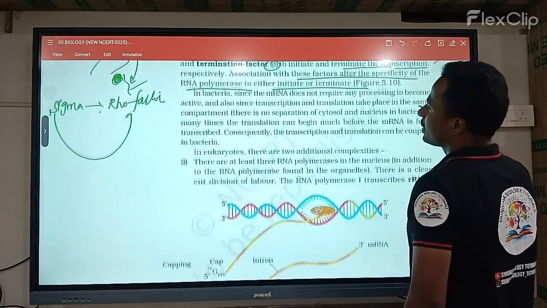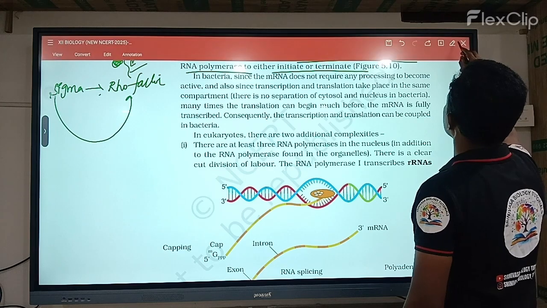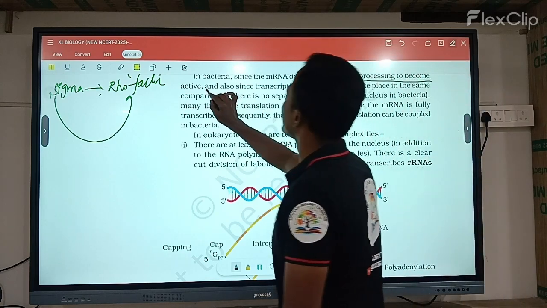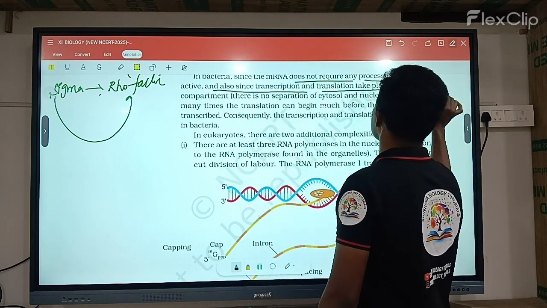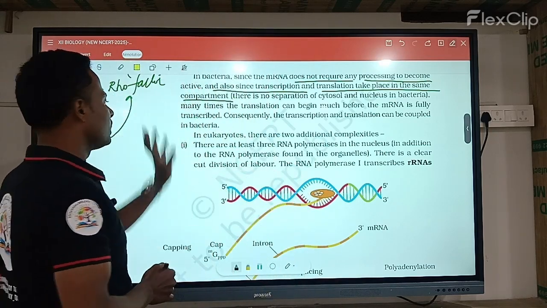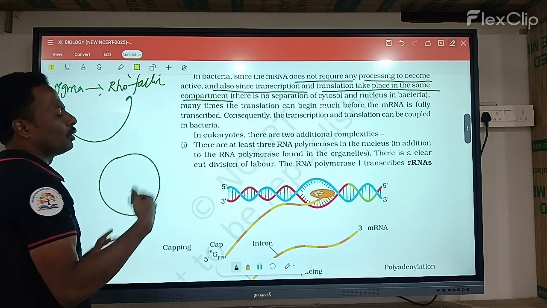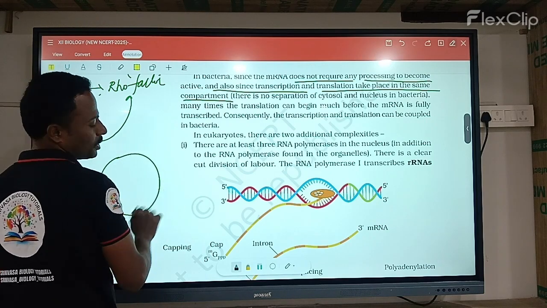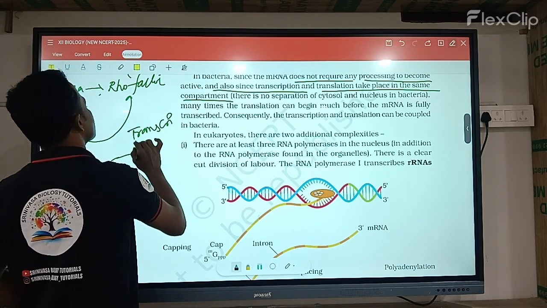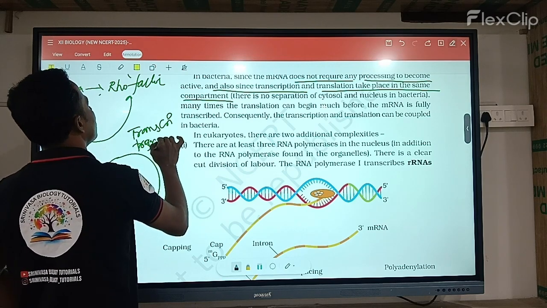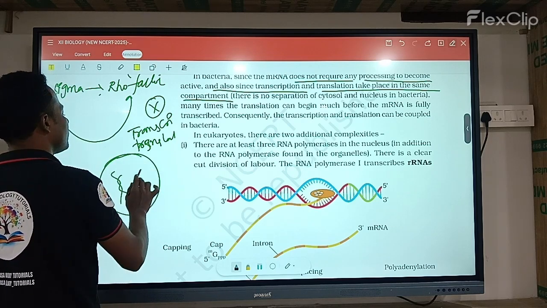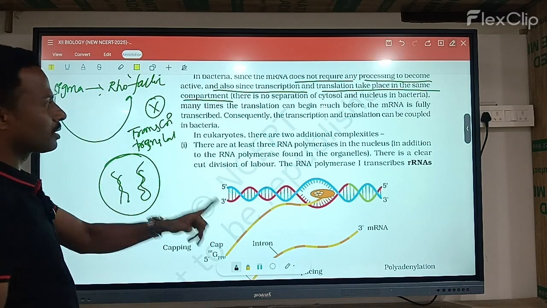And after that, when you observe some bacteria, the mRNA does not require any processing to become active, since the transcription and translation take place in the same compartment. In bacteria, both transcription and translation take place in one compartment.